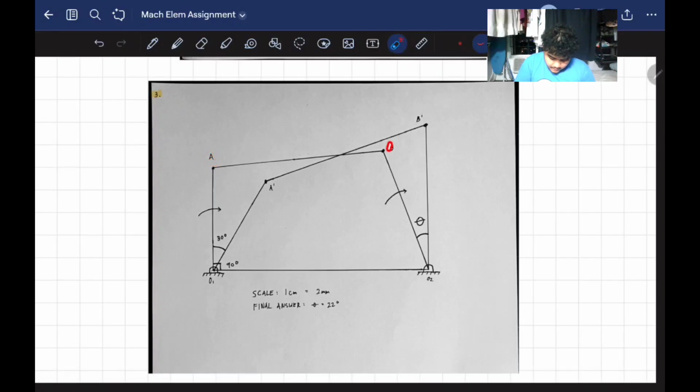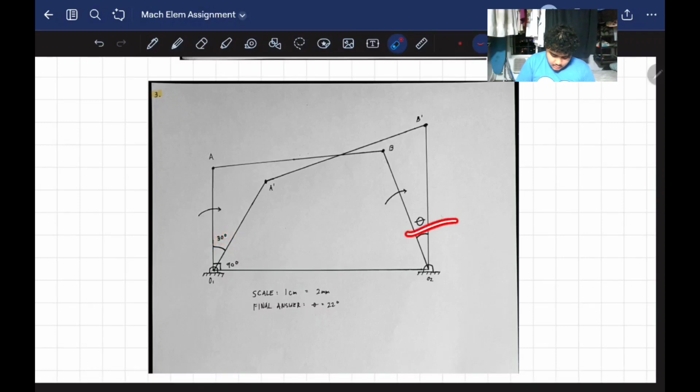For letter A and B, this is the original position of, I believe, a clamp. So we are to answer what is the required angle here so that this moves when this moves by 30.